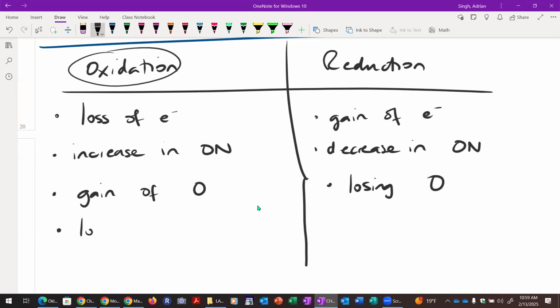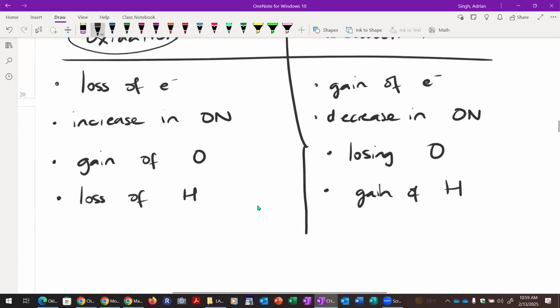Oxidation is also the loss of hydrogens, which means reduction would be the gain of hydrogens, right? And in some cases, it's a lot easier to see whether O's are being lost or gained, or whether H's are being lost or gained. In other cases, it's easier to see whether oxidation numbers are increasing or decreasing.